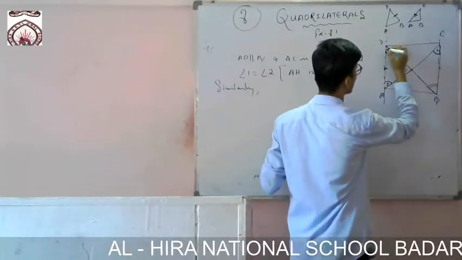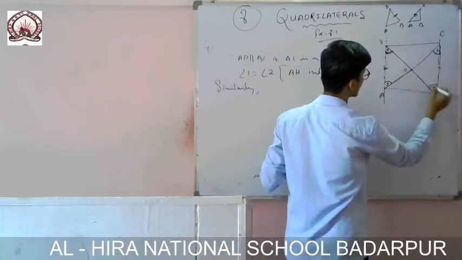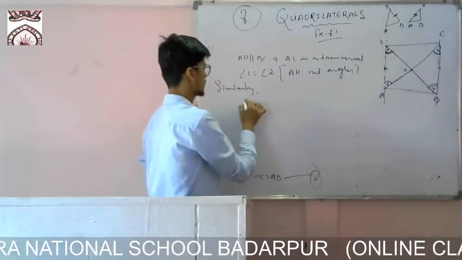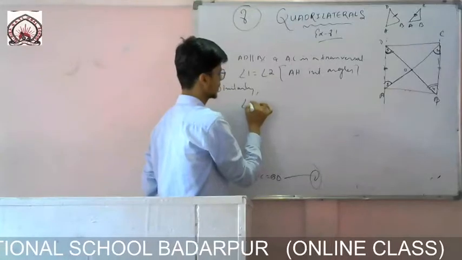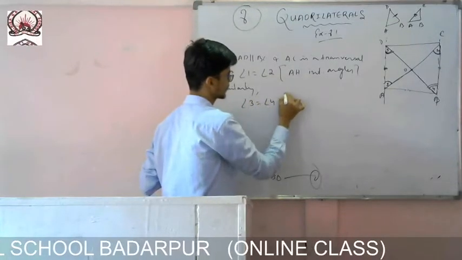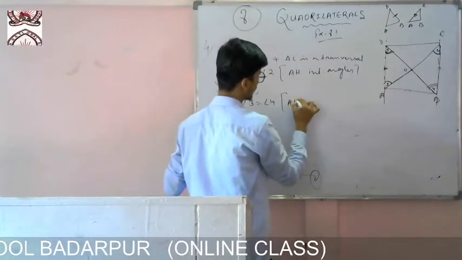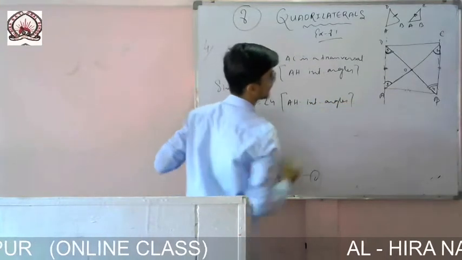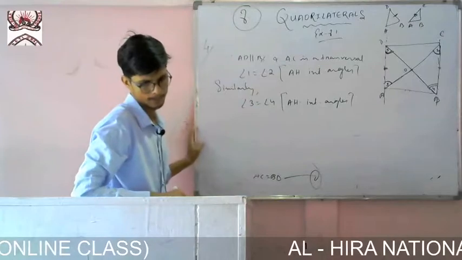Give it as 3 and 4. So angle 3 is equal to angle 4. This one is also alternate interior angles.